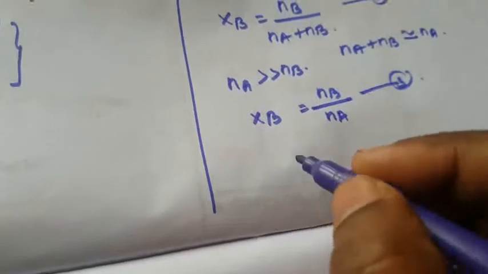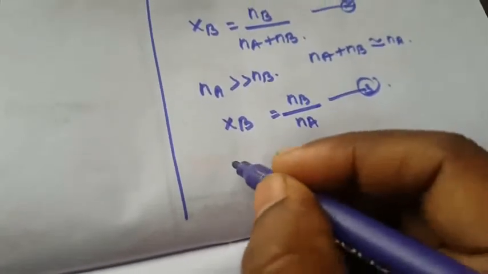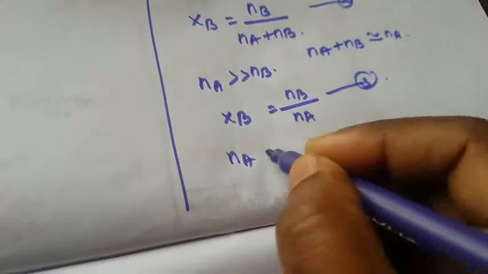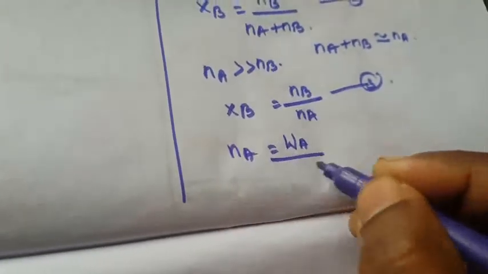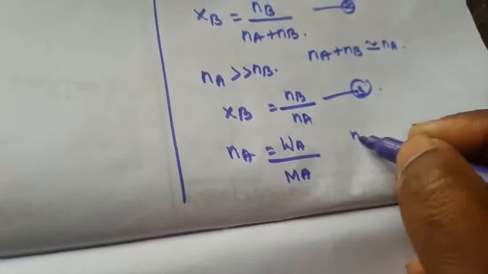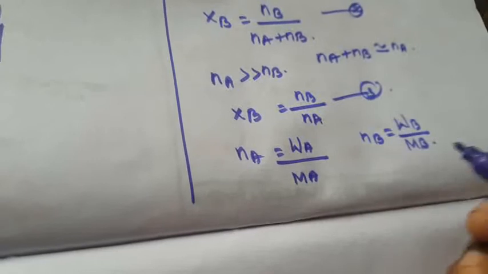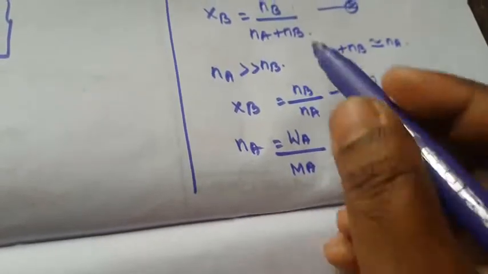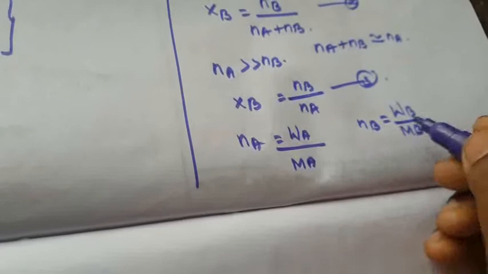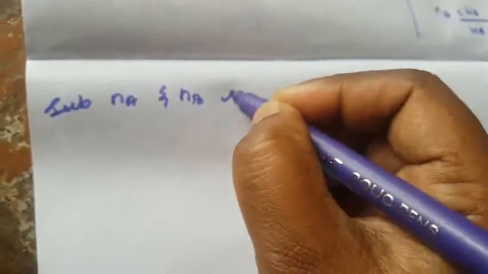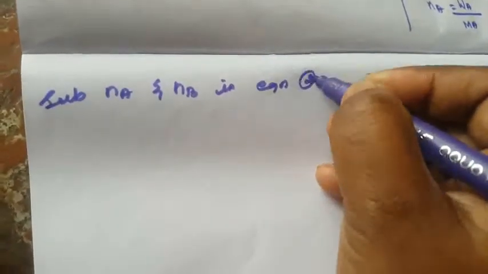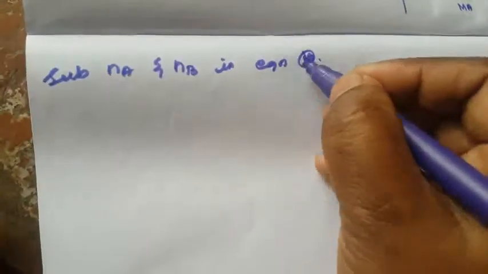Now, the number of moles of solvent and solute: how to calculate? Weight by molecular weight. Na is equal to Wa by Ma, and Nb is equal to Wb by Mb. Therefore, what is Xb? Now we substitute Na and Nb into equation 3.